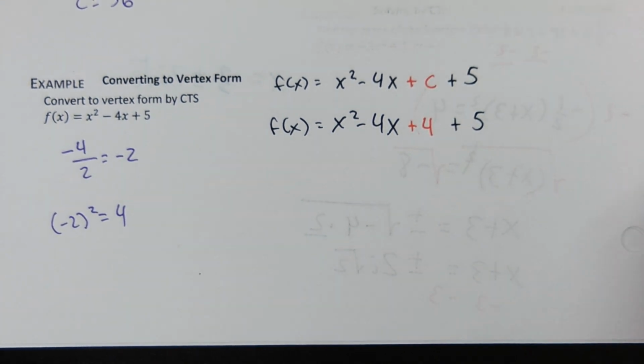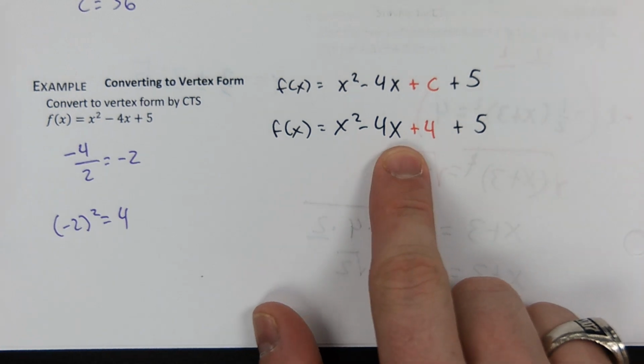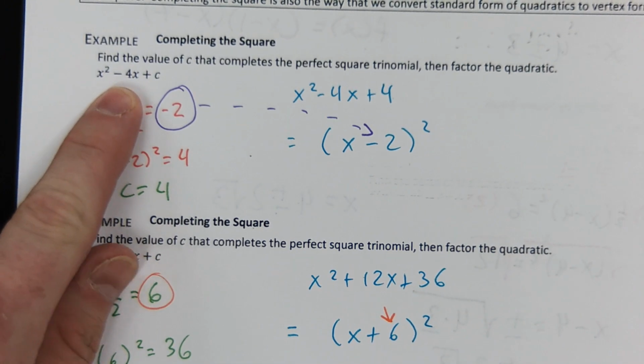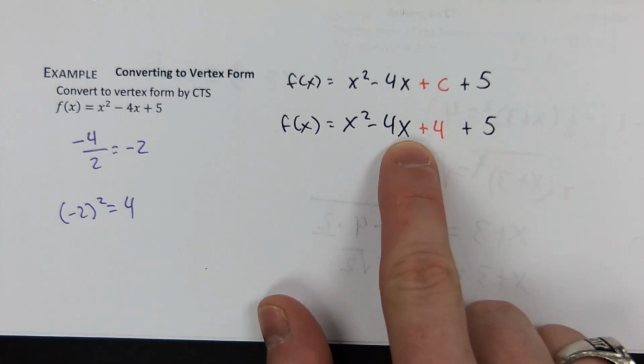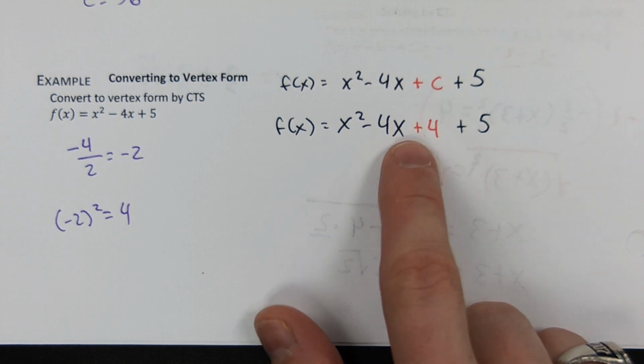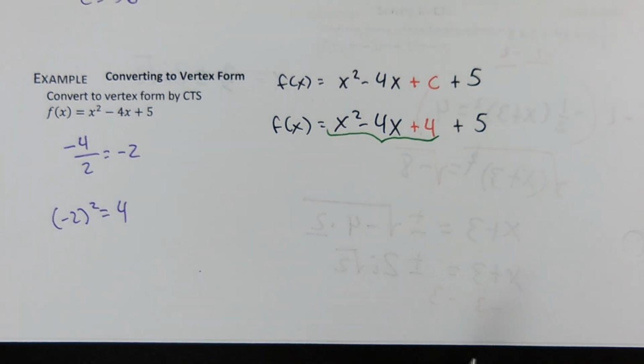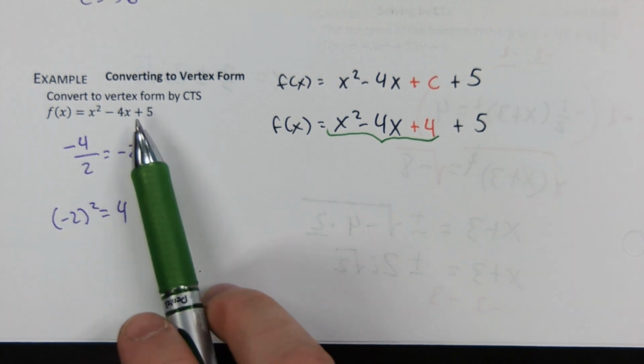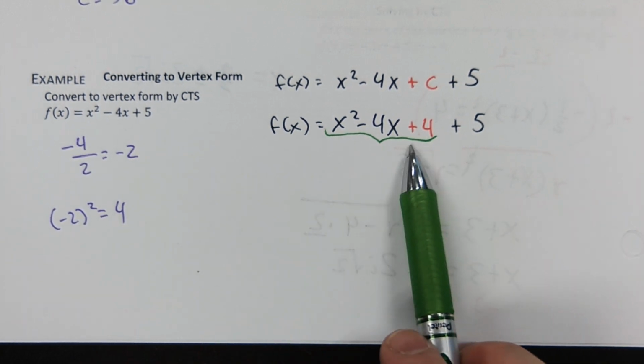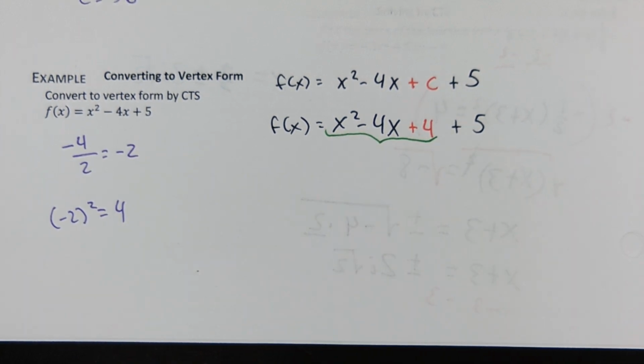Here we have an issue though. Yeah, I completed the square. In fact, I don't know if you caught it, but it's literally this example here. I completed the square. I know this factors. This is a perfect square trinomial. But I just changed my equation. It's supposed to say plus 5. This one now says plus 9.